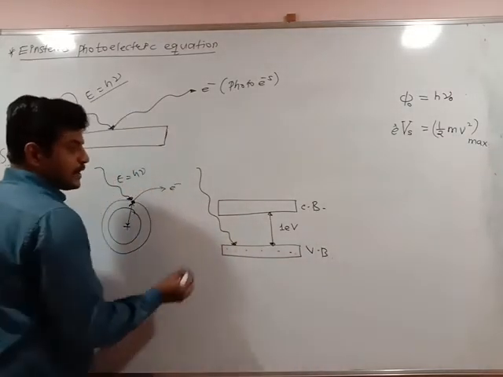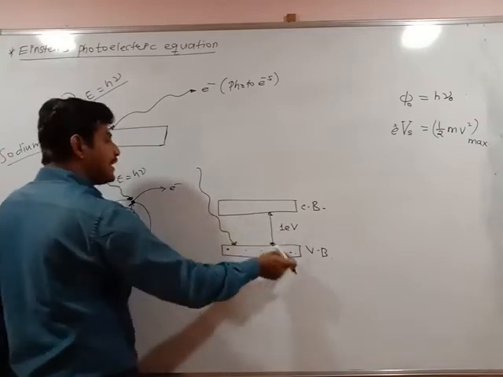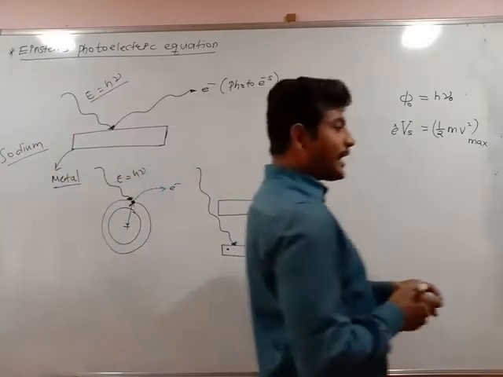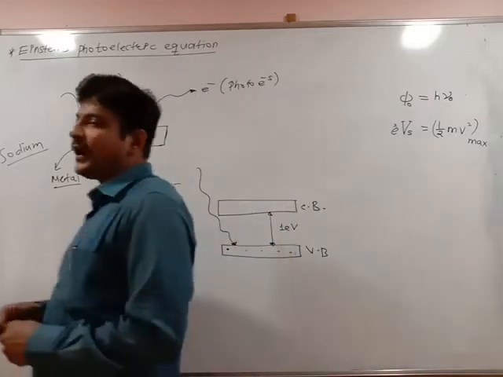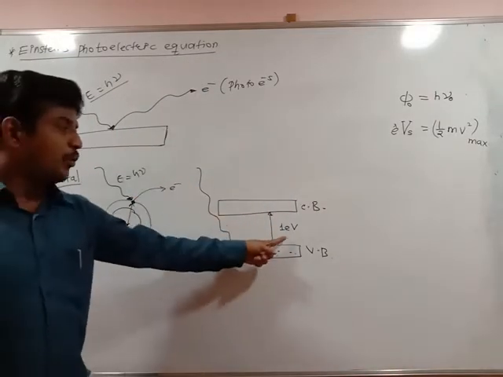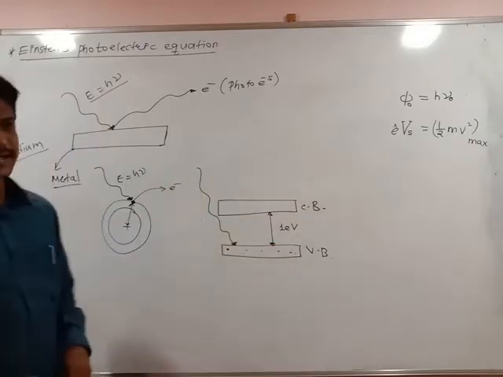Out of that, one electron requires energy to jump from the valence band to the conduction band. Then how much minimum energy is required to eject the electron? The minimum energy should be 1 electron volt, so that it can jump from the valence band to the conduction band.